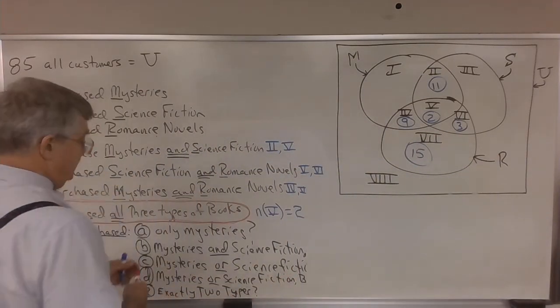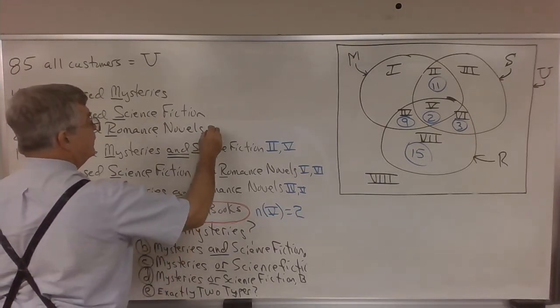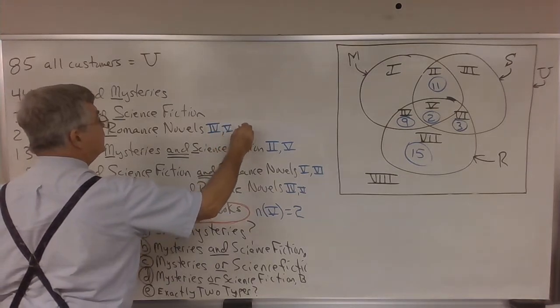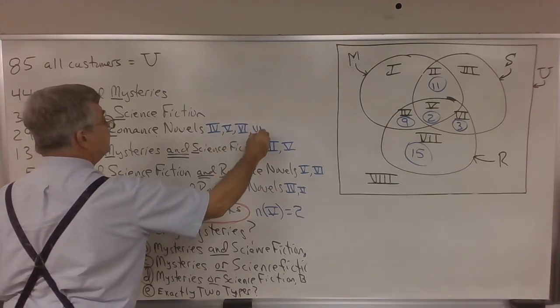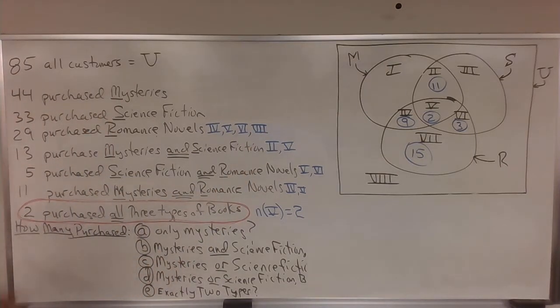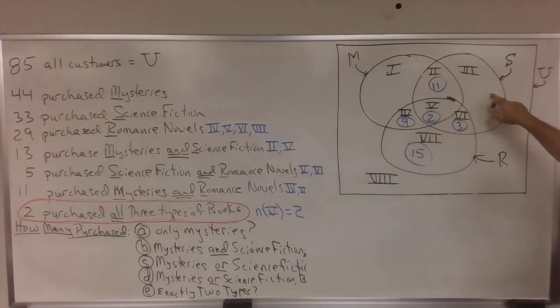Let's see. Romance novels, that was region 4, region 5, region 6, region 7. Okay, we did all of that. Science fiction. Let's look at the science fiction circle. That's region 2, region 3, region 5, region 6.